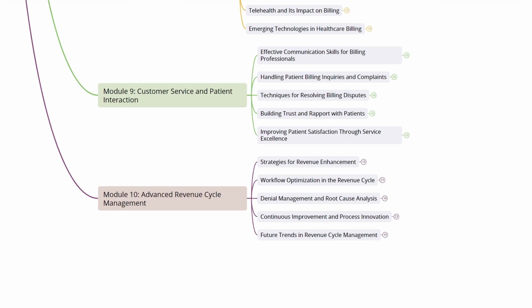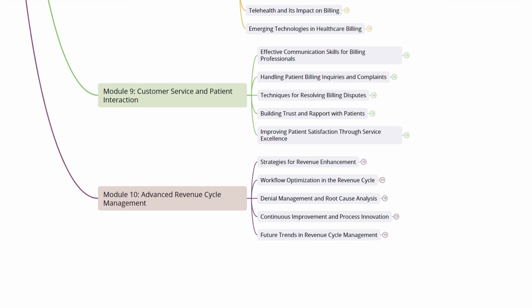Furthermore, understanding advanced revenue cycle strategies enables organizations to enhance financial performance, manage denials more effectively, and stay ahead in an increasingly competitive healthcare environment.